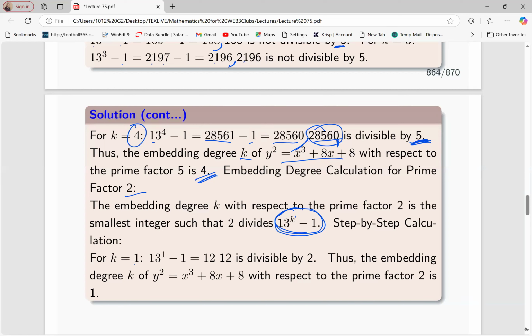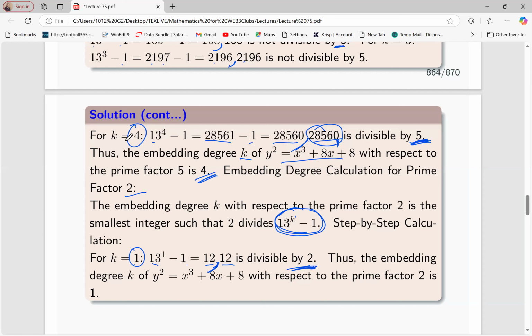When k is 1, you have 13 raised to 1, which is 13. Now, when you subtract 1, you get 12. But this 12 is already divisible by 2. So that means 1 is the embedding degree in this case.